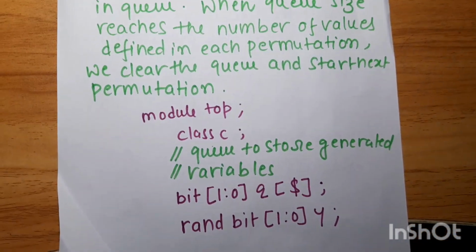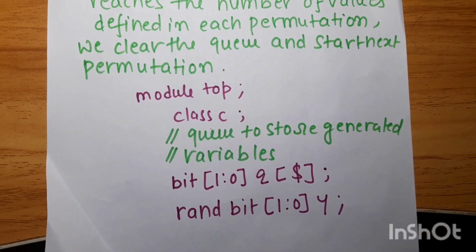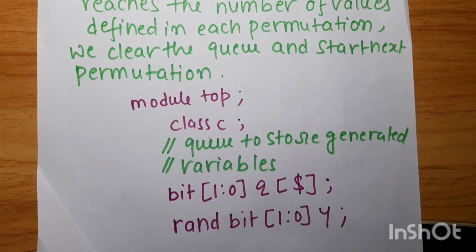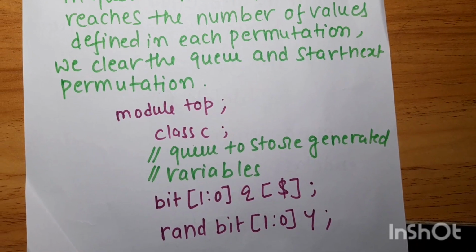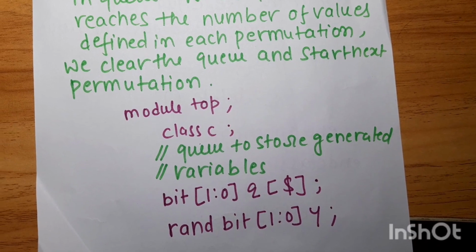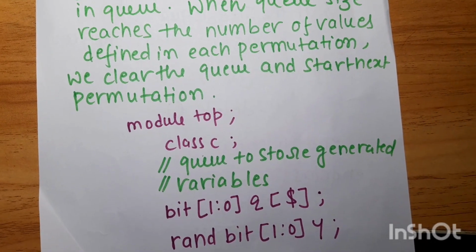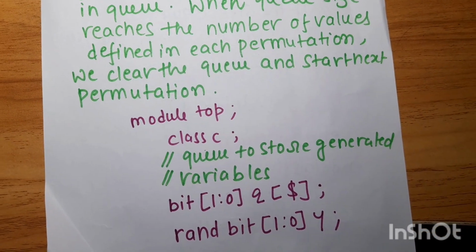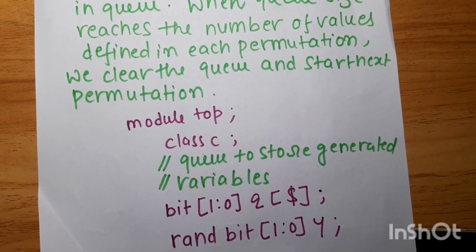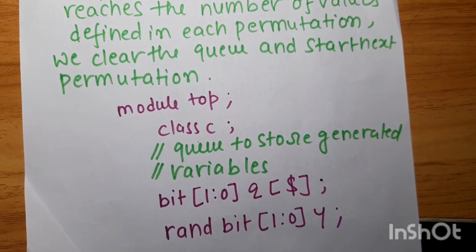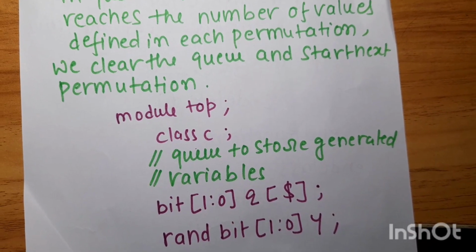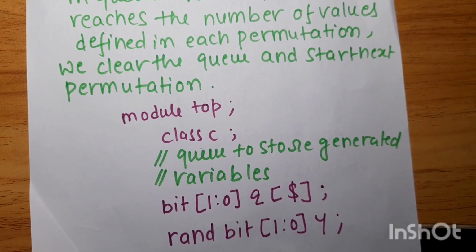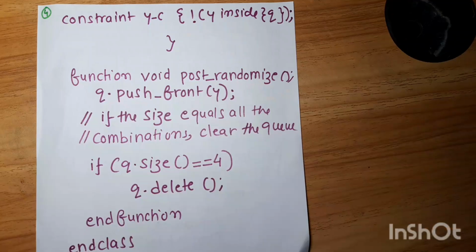We will show this with the help of an example. I have a module top, and inside it a class C. Now I am declaring a queue with width [1:0], and $ is used as it is a queue. Then rand bit [1:0] y, so y can take values from 0 to 3, 4 values.